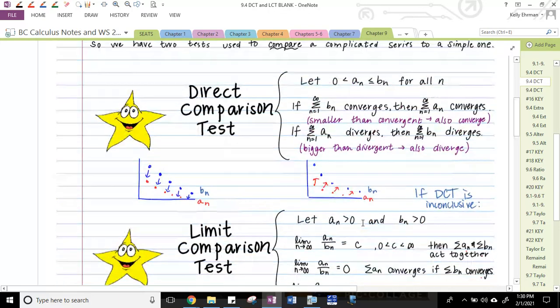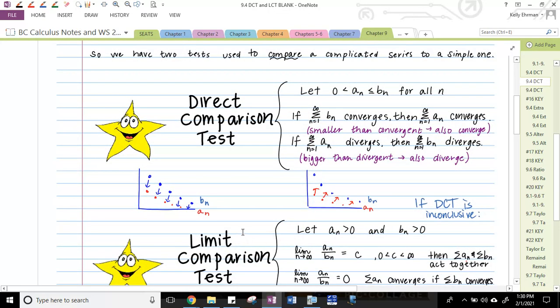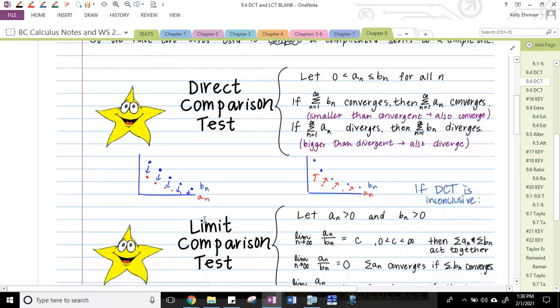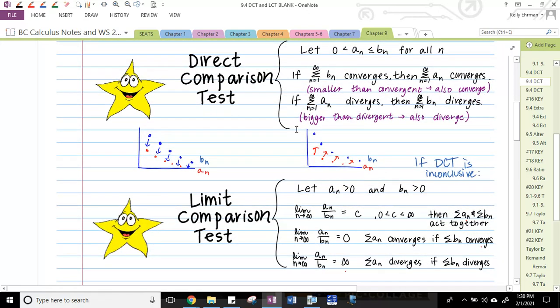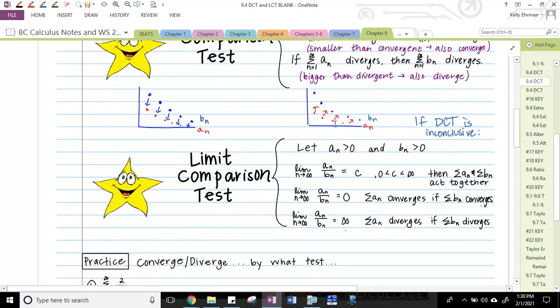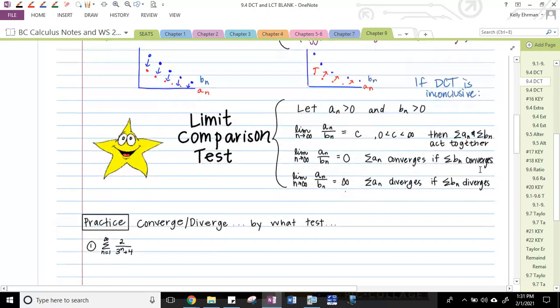Now, it should work out that you could always use the limit comparison test, but remember, some of the multiple choice questions might say, oh, converges by direct comparison test, or diverges by whatever, so you have to know whether this can be used or not. All right, so what if it is one of those weird situations where we know the larger series diverges, which doesn't help us with the smaller one, or we know the smaller series converges, doesn't help us with our larger one.